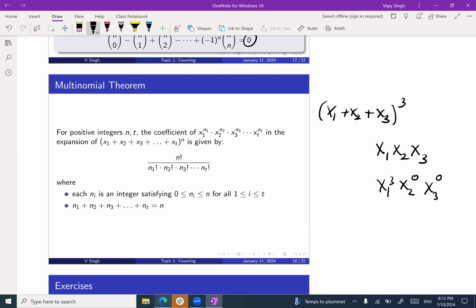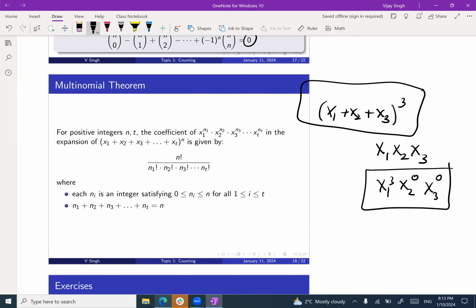When you take power 3 of this thing, you will have all combinations of x1, x2, x3 multiplying so that the powers add up to what? 3. Exactly like a binomial theorem. Does it make sense to you? So now the question is, if I take an element like this, say x1 cube, x2 to the power 0, x3 to the power 0, this is one of the elements. Question is, what is the coefficient of this? Do you see my question? If you expand it, it will have some coefficient, no?